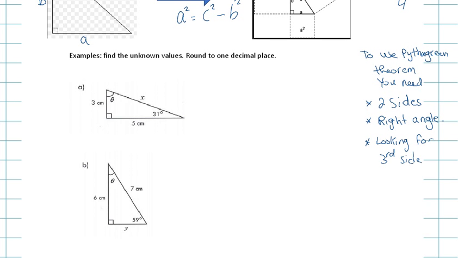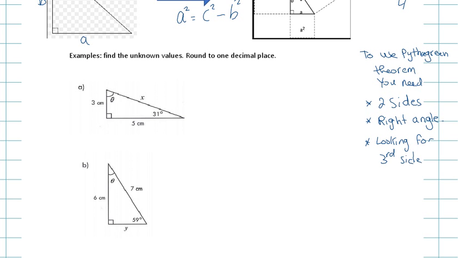So let's look at the example right here. I have a triangle. What kind of triangle is it? Right angle triangle. And I'm given 2 sides. What do you want to name them? Are they A, B, or C? A, B. So this is A, let's say this is B. It doesn't matter.